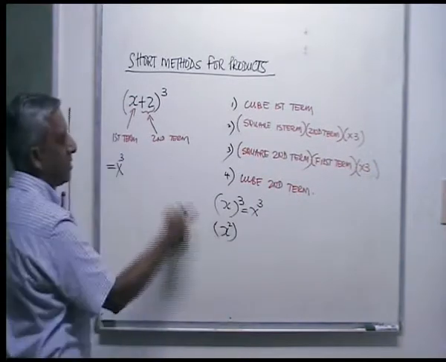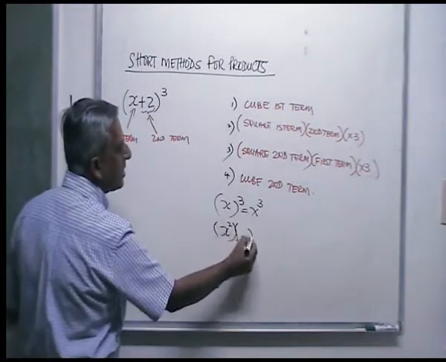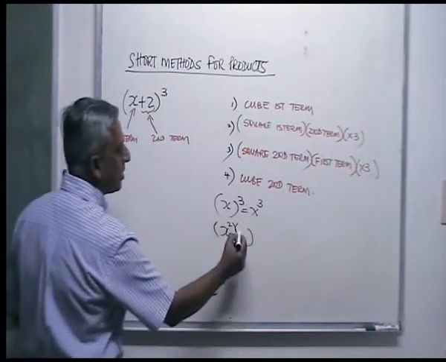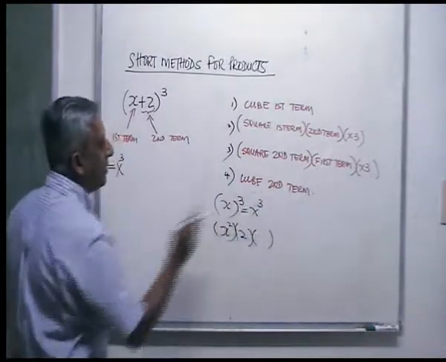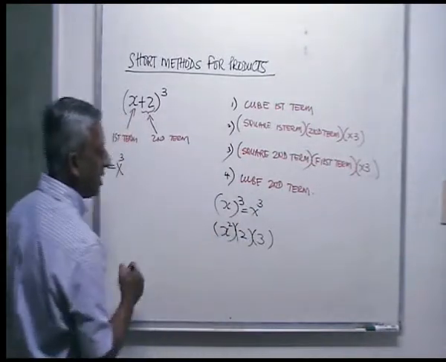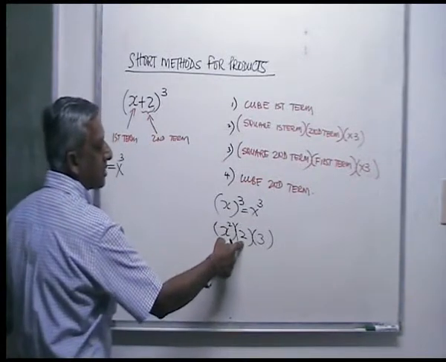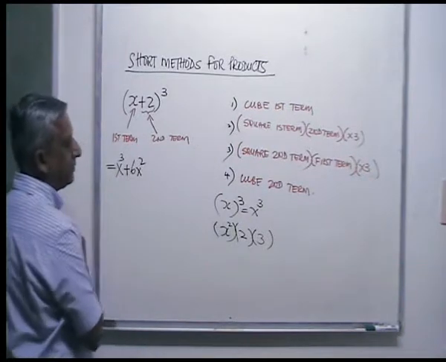Take the first term and square it. That's what I did. Then multiply it by the second term, which is 2. Then multiply it by 3. So there's the 3. And if you work that out, what will you get? 3 2s are 6, so 6x squared, plus 6x squared.